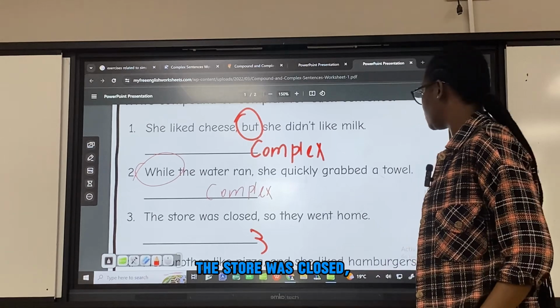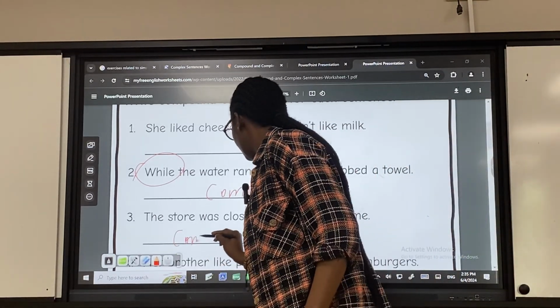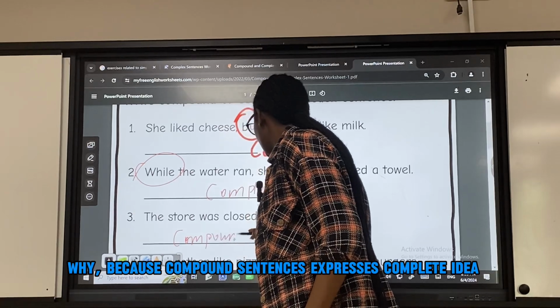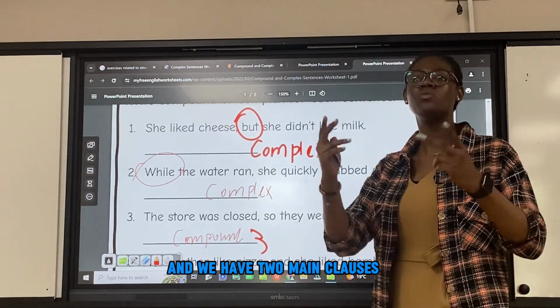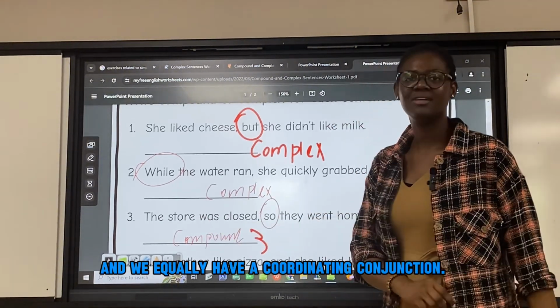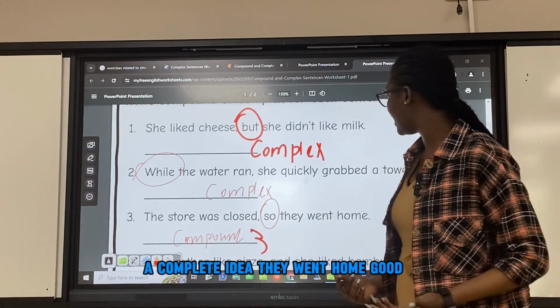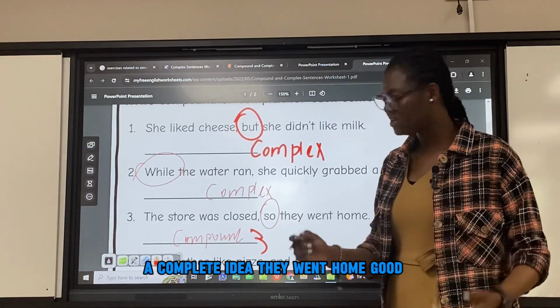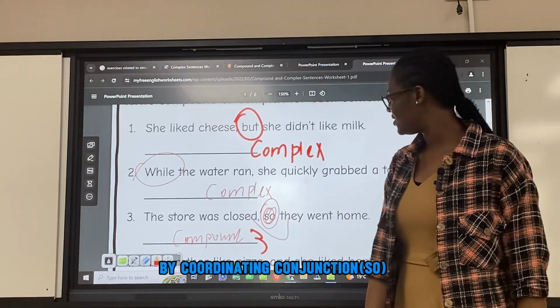The store was closed, so they went home. It's a compound sentence. Why? Because compound sentences express a complete idea, and we have two main clauses and equally a coordinating conjunction. The store was closed, good, a complete idea. They went home, good. These two main clauses are connected by a coordinating conjunction.